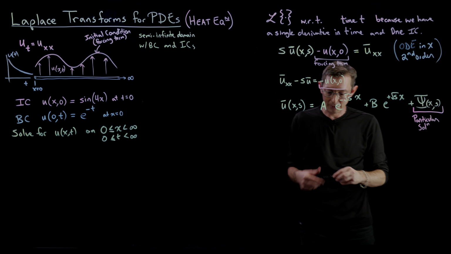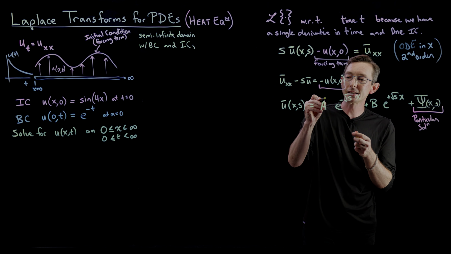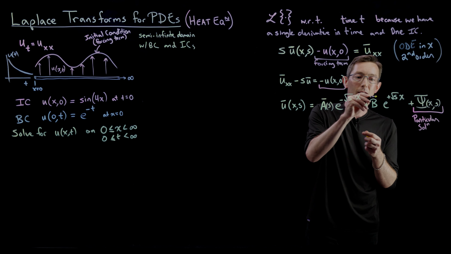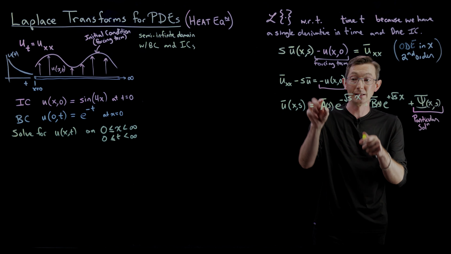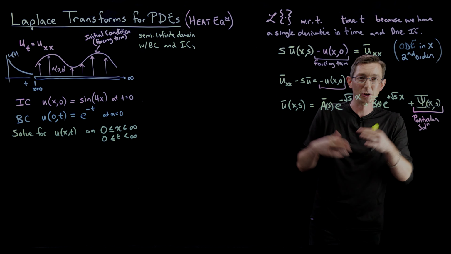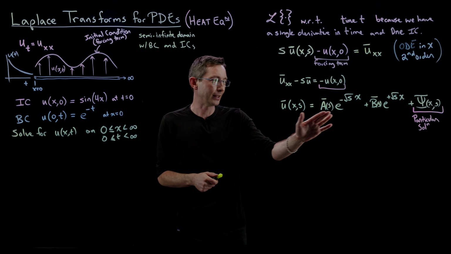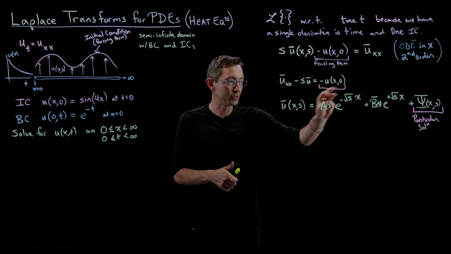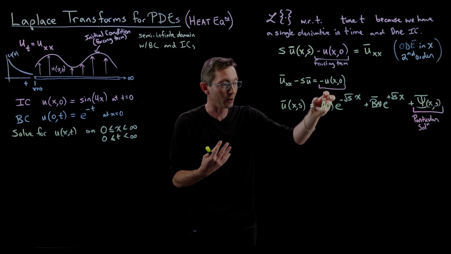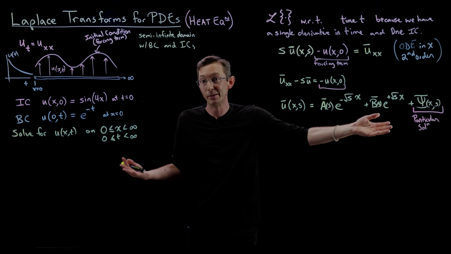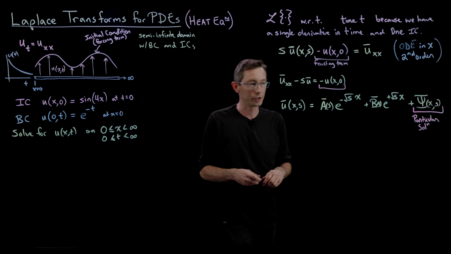But now, because this is a Laplace transformed function, these coefficients are actually Laplace domain functions. I'm not going to explain that again. We're going to assume that these coefficients are functions of the Laplace variable s, and then we're going to see that they need to be functions of the Laplace variable to satisfy the initial conditions and boundary conditions.